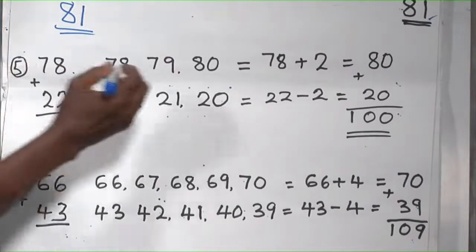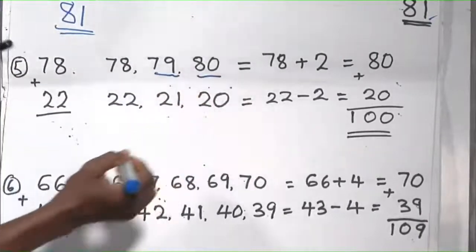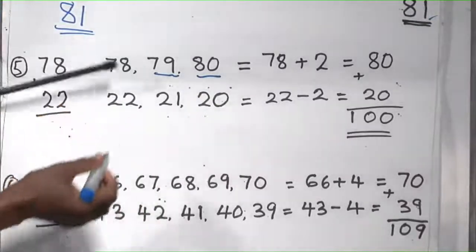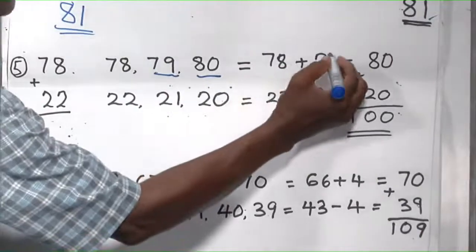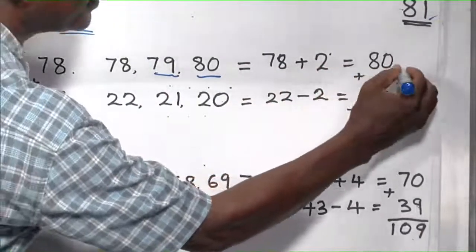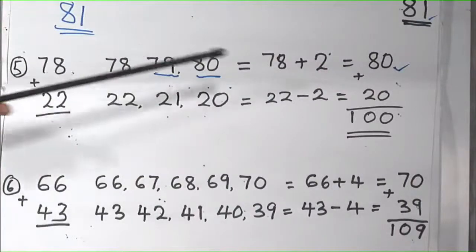So we have 79 and 80. How many numbers? 1, 2. So that will be 78 plus 2, and that will be 80.